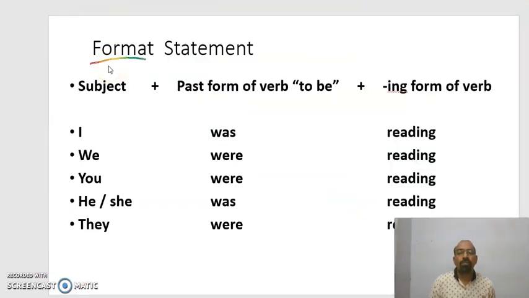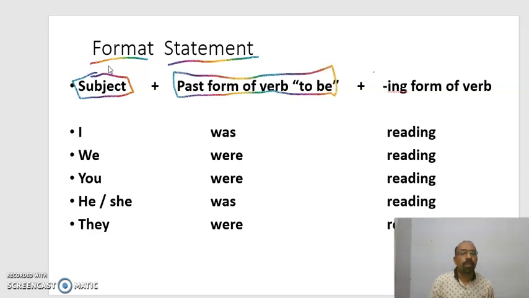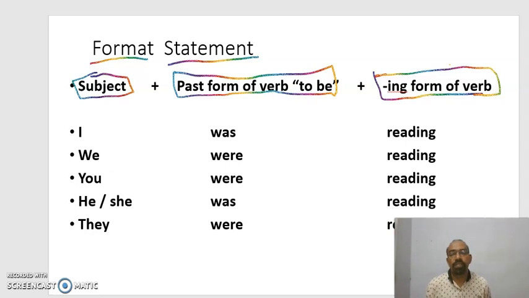The format of a past continuous statement. First we have to write a subject, then the past form of verb to be, then the ing form of the verb. This is the format of a past continuous tense.